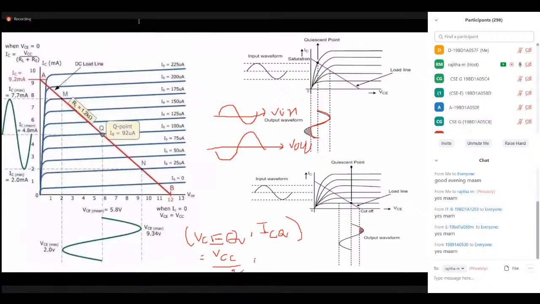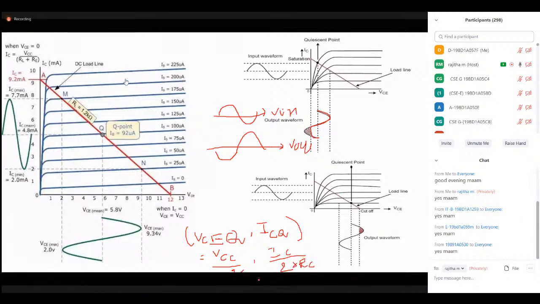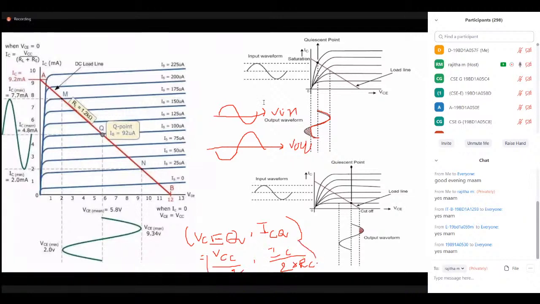Whereas ICQ is equal to IC maximum, which is VCC divided by RC, divided by 2. So ICQ is IC by 2, or VCC by 2RC. So exactly half of the maximum collector current as well as half of the maximum collector to emitter voltage yields your Q-point value.